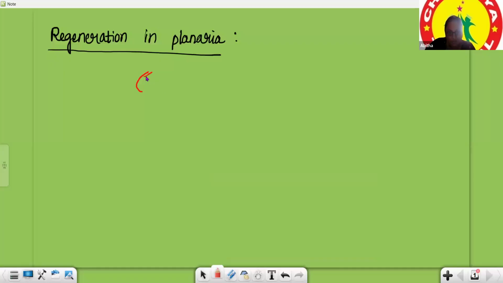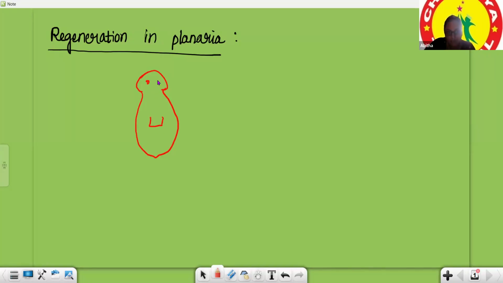Let's see the structure of Planaria first. This is Planaria.